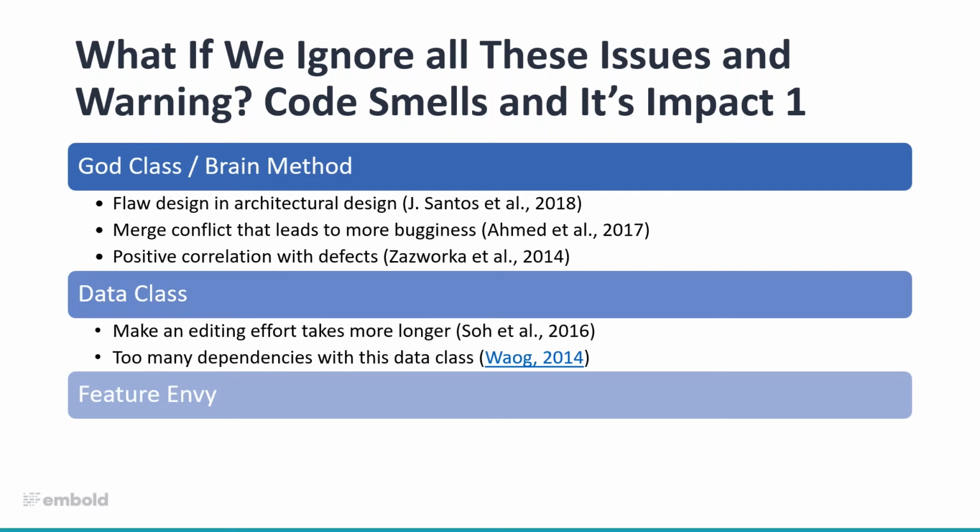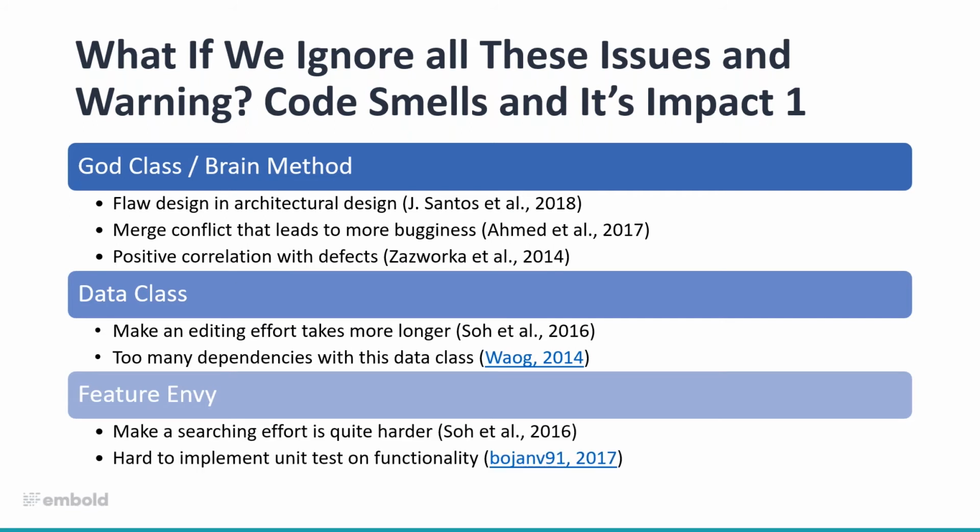I mean, other methods. So that's why we call it feature envy. So what is the impact? If you want to search this kind of class, it's very hard because there is a lot of tangling or complexity inside the class, and also, from the tester's perspective, it's really hard to implement unit tests.